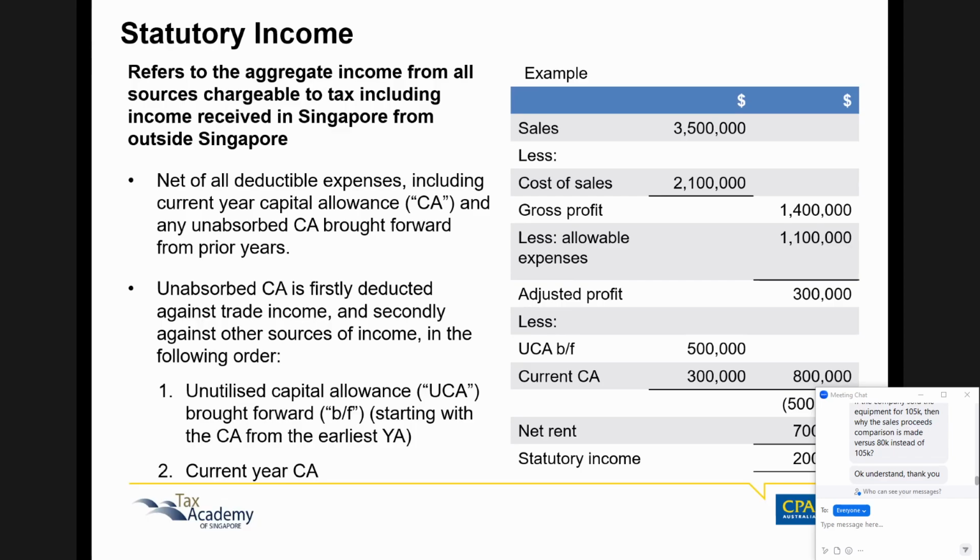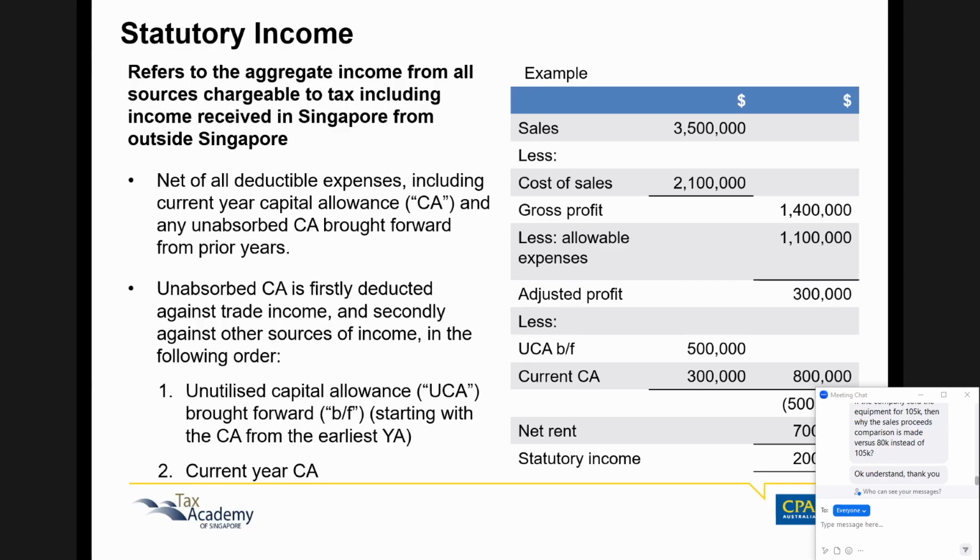So it's not just your trade income, but you can be receiving other sources of income like dividend income, rental income, interest income, etc. All these are chargeable to tax, and also your foreign source income received in Singapore. Then you net off the deductible expenses, and then you also have to take into account your CA.